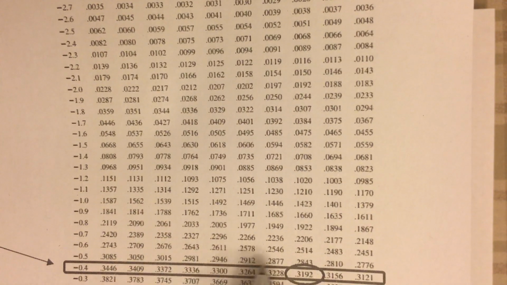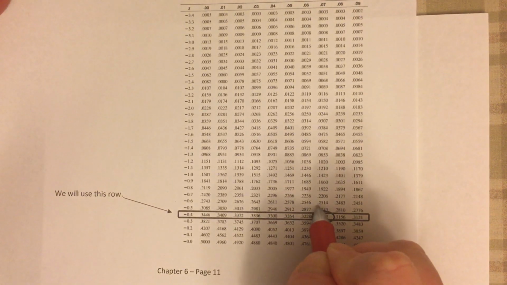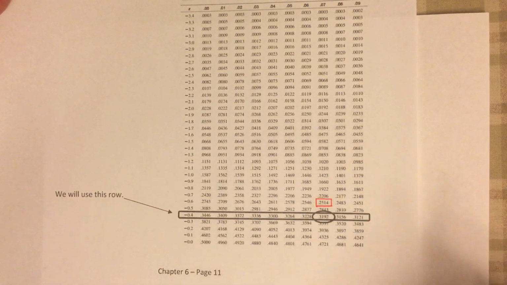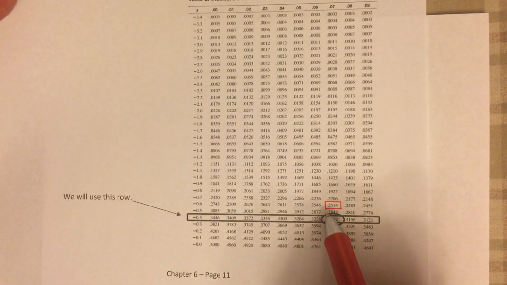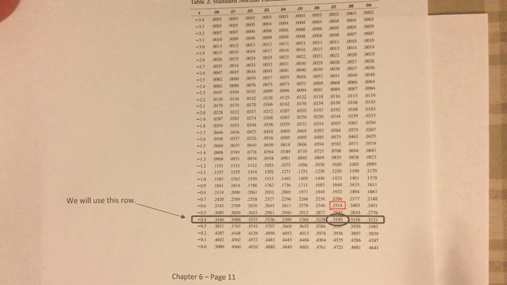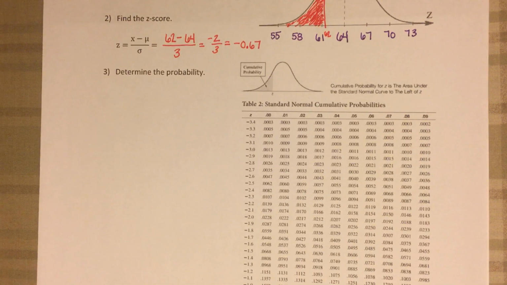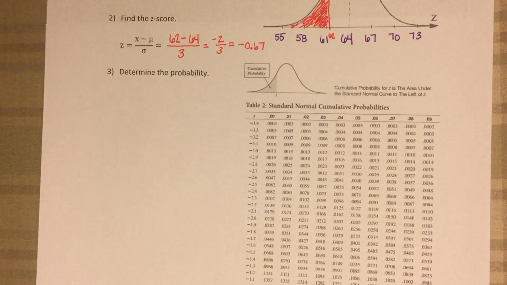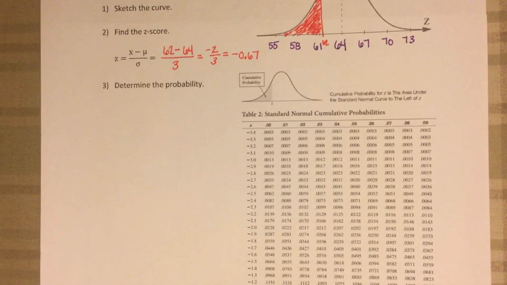So again, we find our -0.6, we go over, and what we should see then is -0.2514. We go on our row of -0.6, go till our second decimal is 7, and we have that value there.